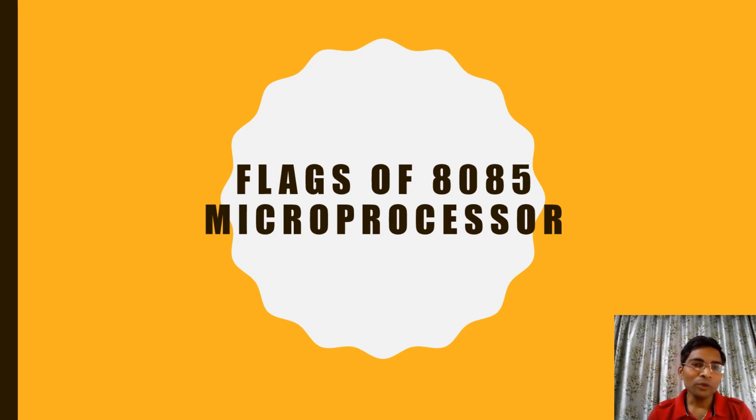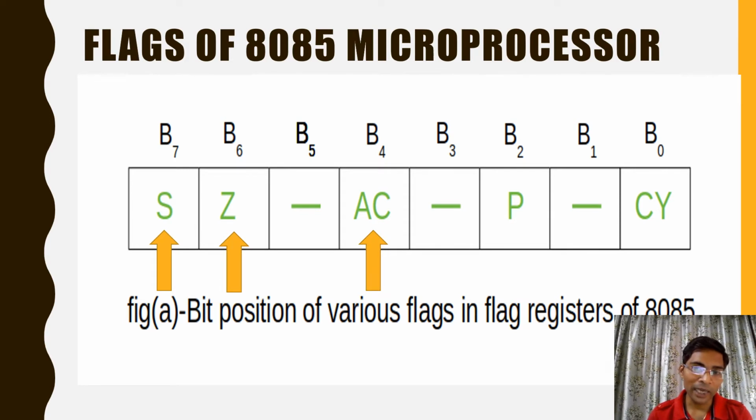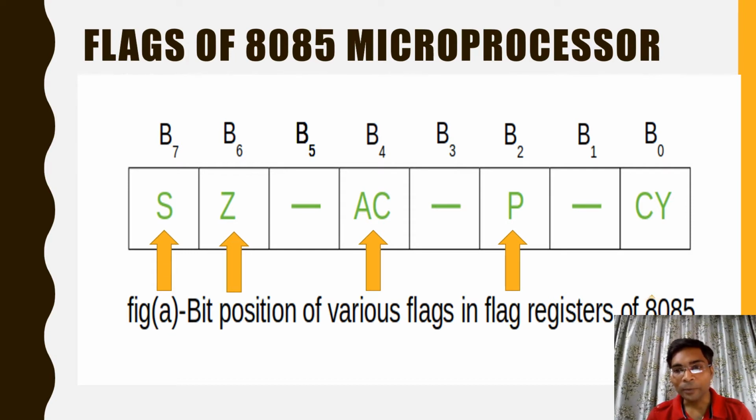Now from the next slide, I will show you how many flags there are in 8085 and what the functions of each flag are. Here, the diagram shows you the total 5 flags: the sign flag, second is the zero flag, third is the auxiliary carry flag, fourth is the parity flag, and the last one is the carry flag.